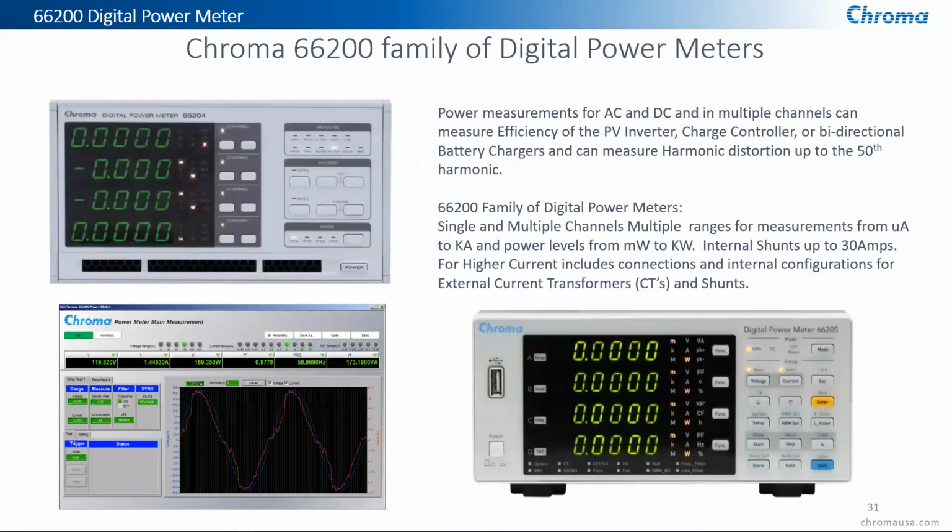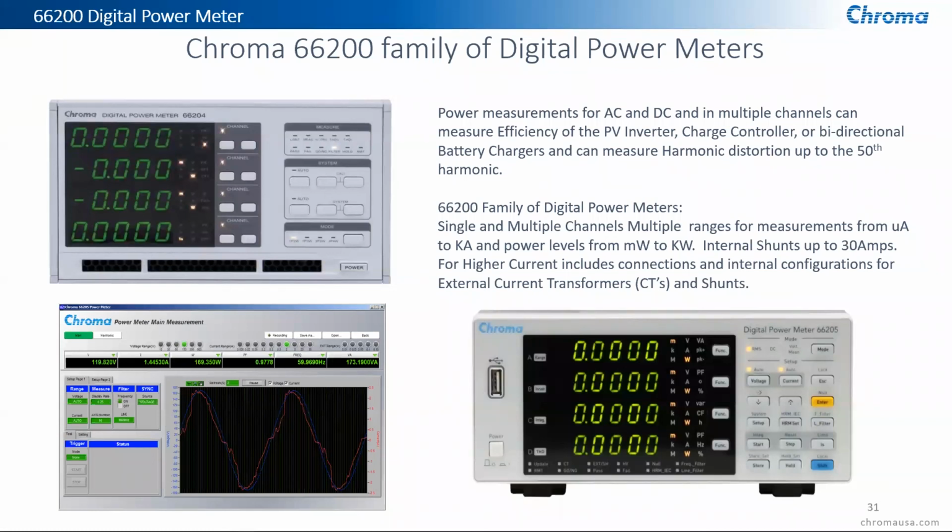The 66204 power meter family of products includes a three-channel, four-channel, and we also have a single-channel 66205. The accuracy is incredible on these units. They have built into them internal shunts, 20 amps.